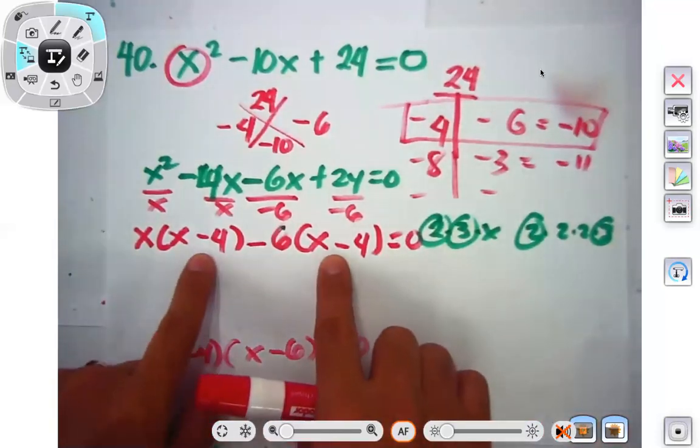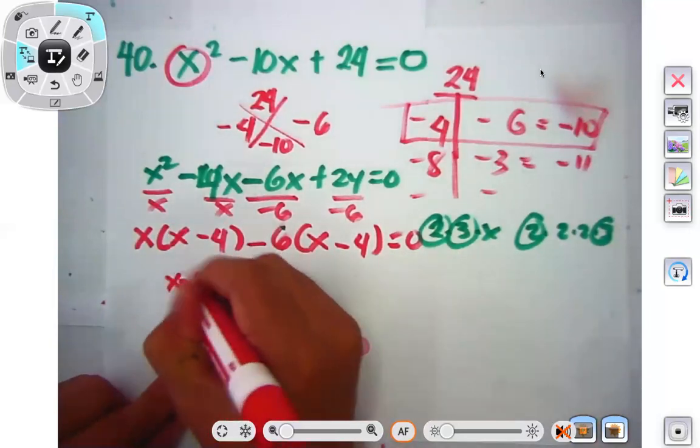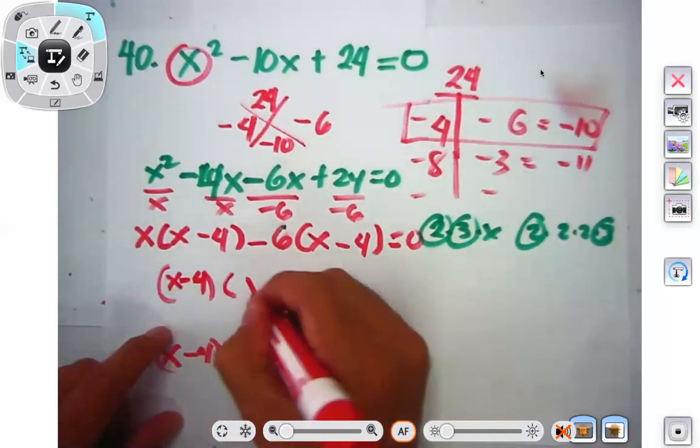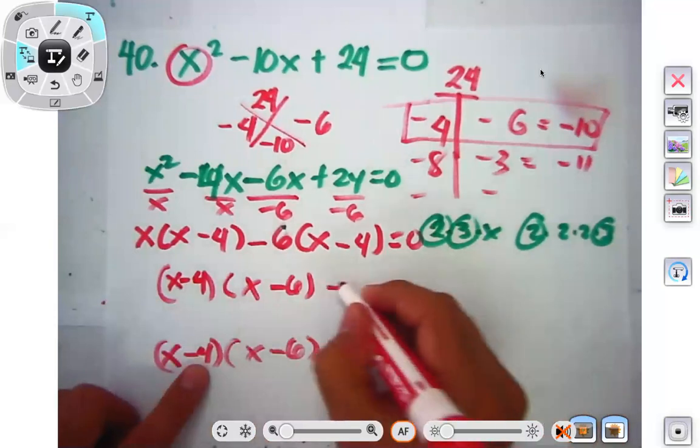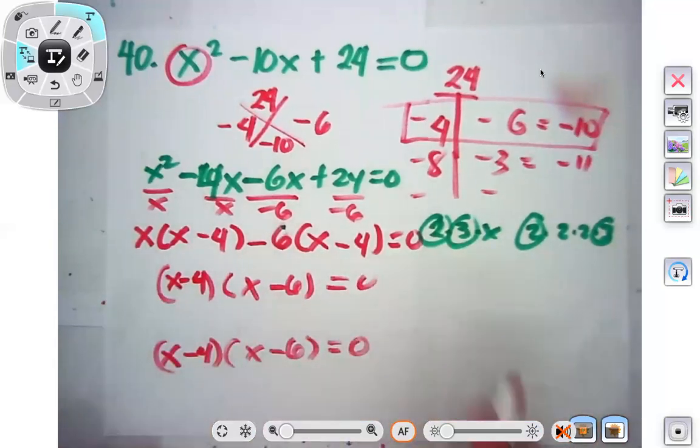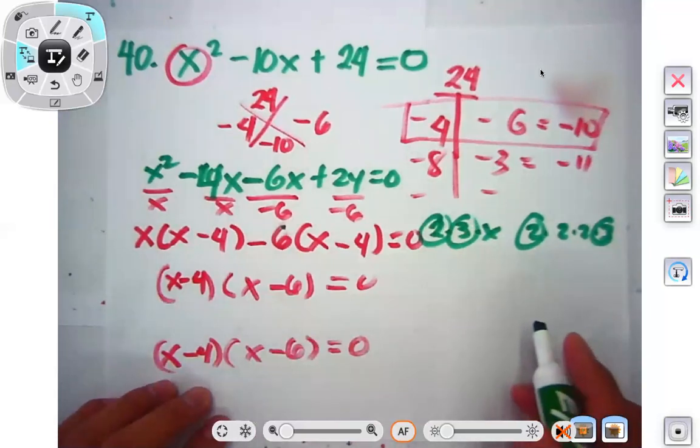So your factors are x minus 4, x minus 6, and it's this. All right. So let's solve for x minus 4 equals 0 and x minus 6 equals 0.